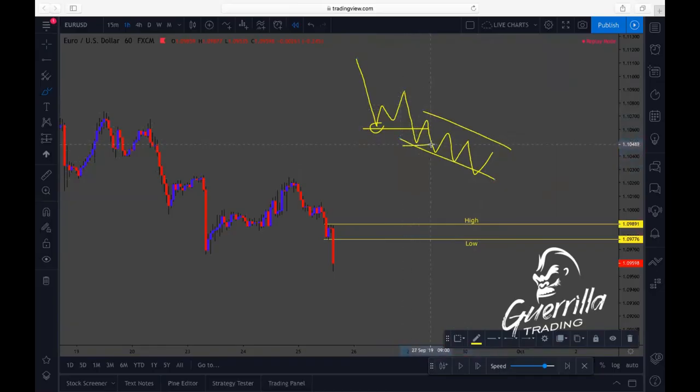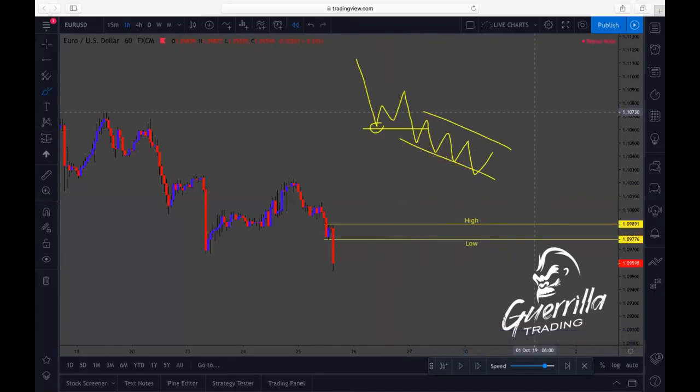They're breaking these lows, but they're pulling back, breaking these lows, pulling back. So it's showing us that buyers are coming into the market and are fighting against the sellers, and they want the market to go up. And this is a key factor in price action we have to look out for, because this will really help us stay out of the market when the market is not impulsive.